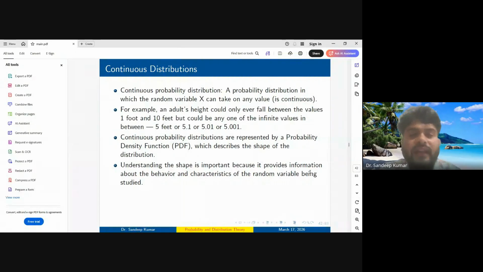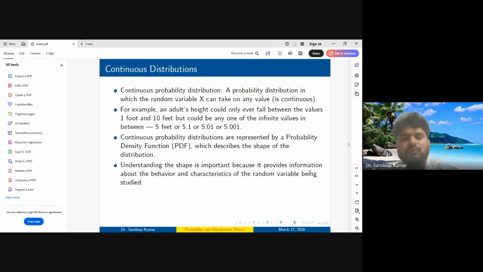For example, an adult's height could only ever fall between the values 1 foot and 10 feet, but could be any one of the infinite values in between, like 5 feet, that is 5.1, 5.01, 5.001, 5.0001. These are continuous values. So basically you can understand the discrete variable and the continuous variable.